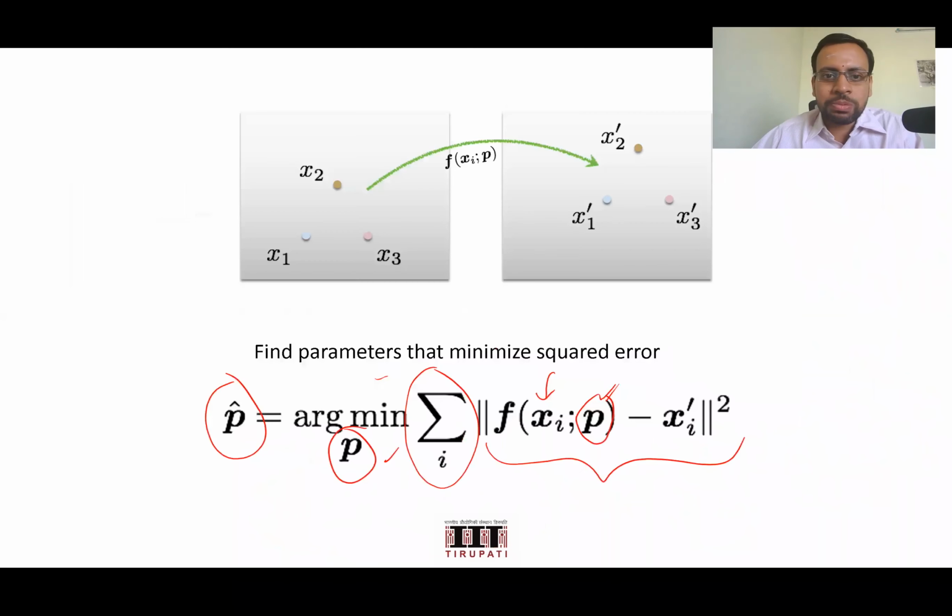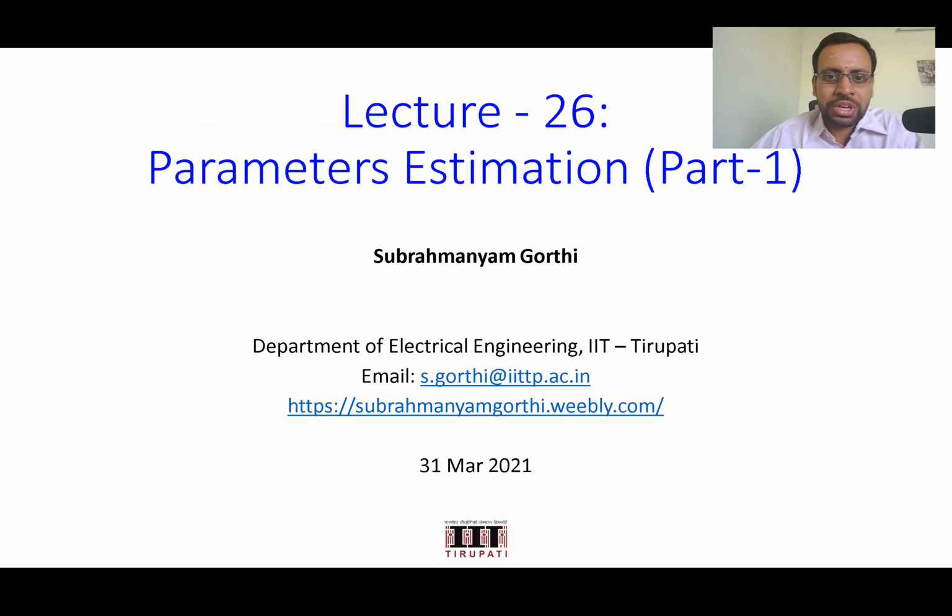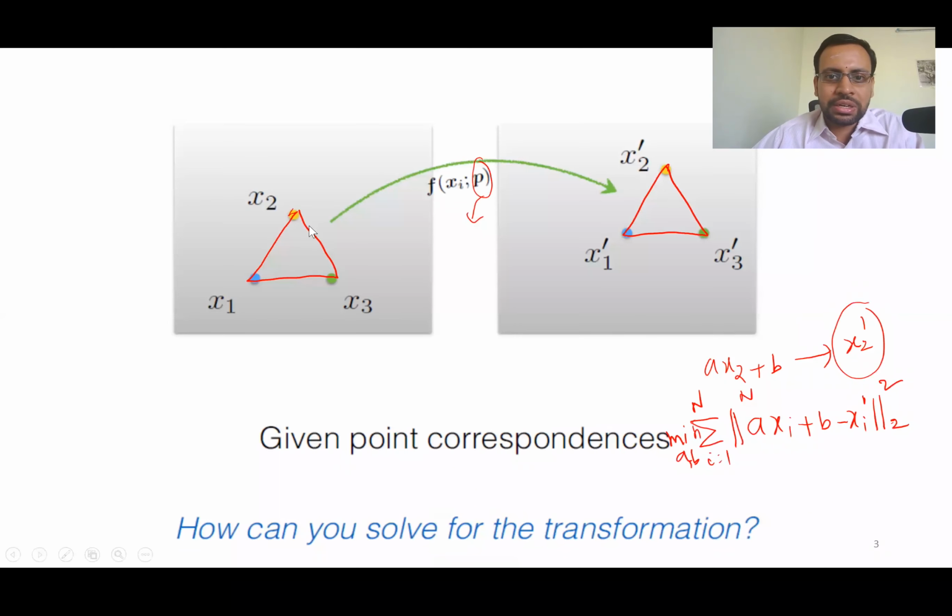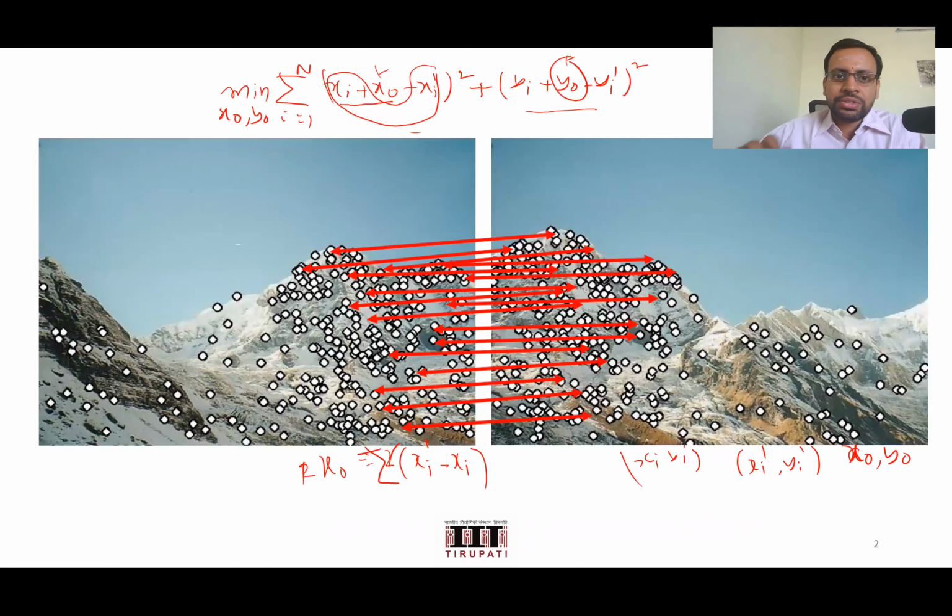I think you get a better intuitive explanation from the simple case, as I have written here. This is the sum of squares of errors that you are summing up over all n points.